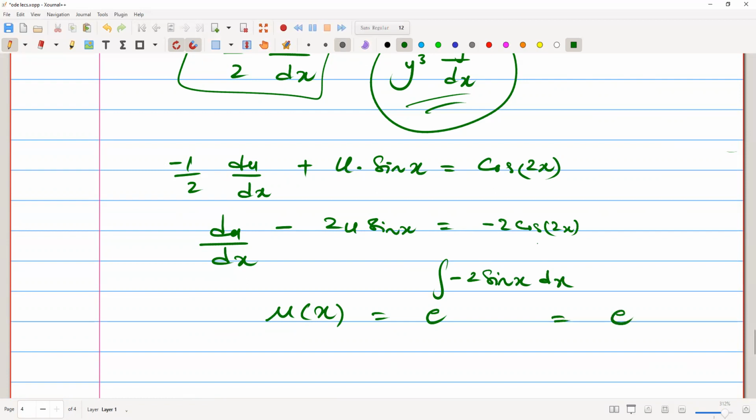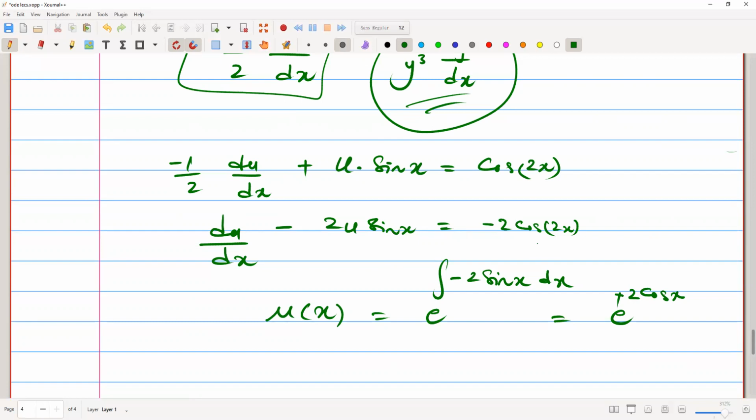In fact, it will be positive because the integral of sine x is negative cosine x, right? So this is the integrating factor in our case, e to the power 2 cosine x.